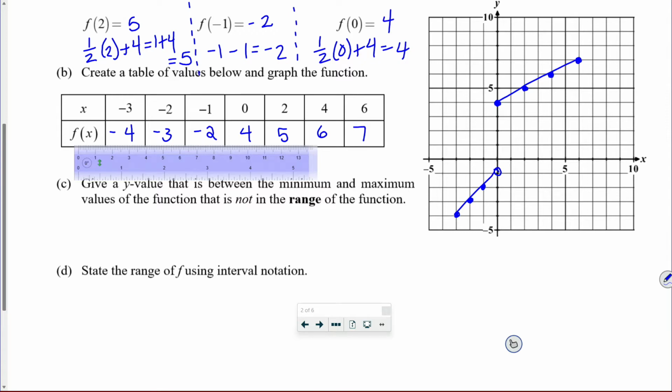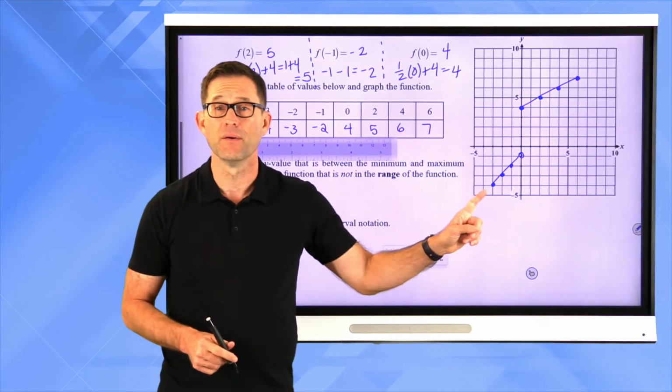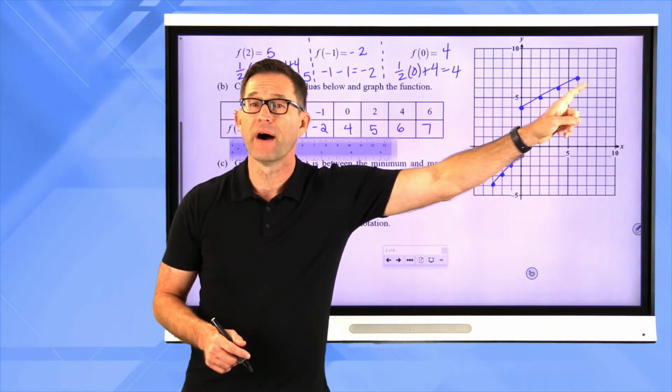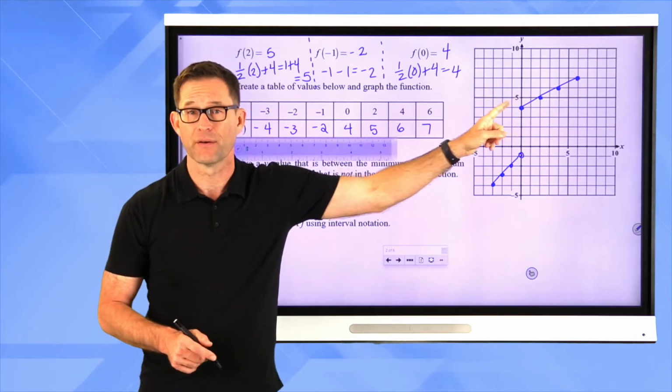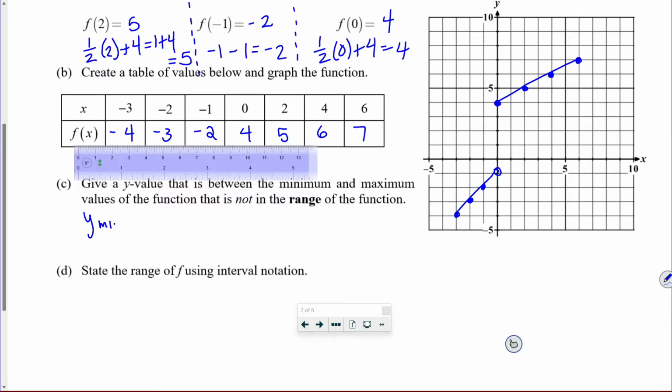Give a y value that is between the minimum and maximum values of the function that is not in the range of the function. All right, so the minimum y value is y equals -4, and the maximum y value is y equals 7. And maybe let's write those down for a second. Y min is equal to -4, y max is equal to 7.